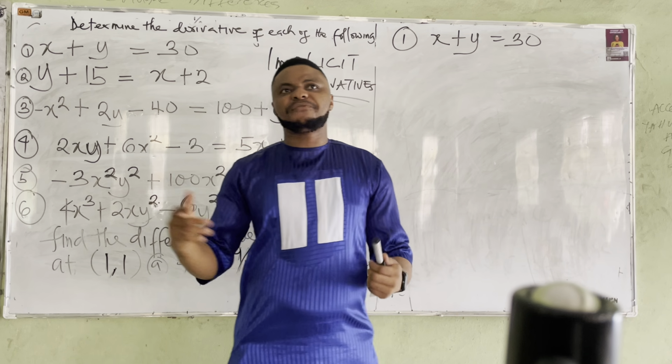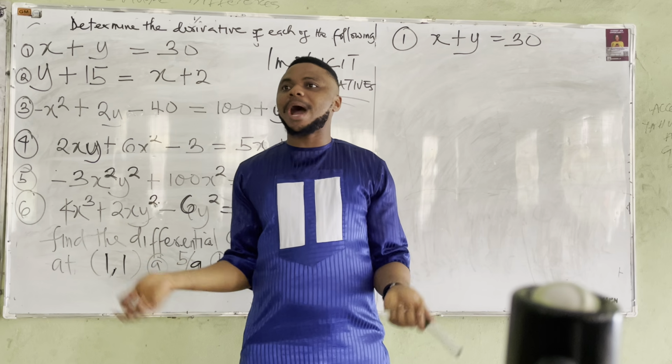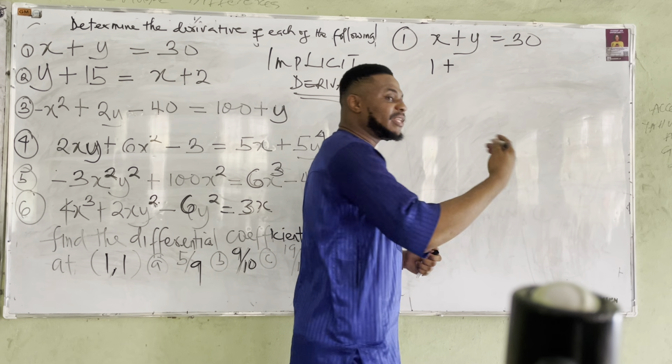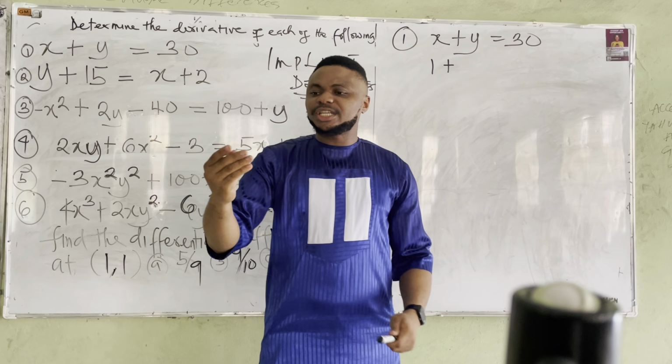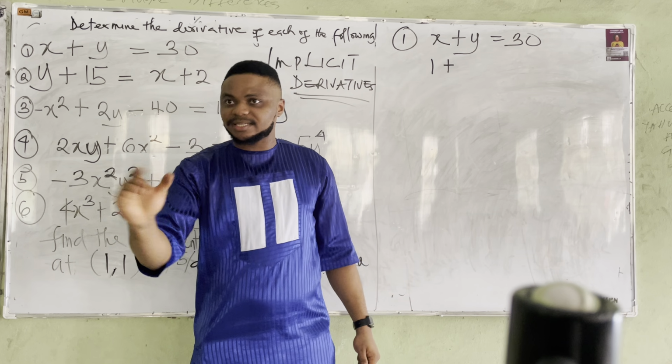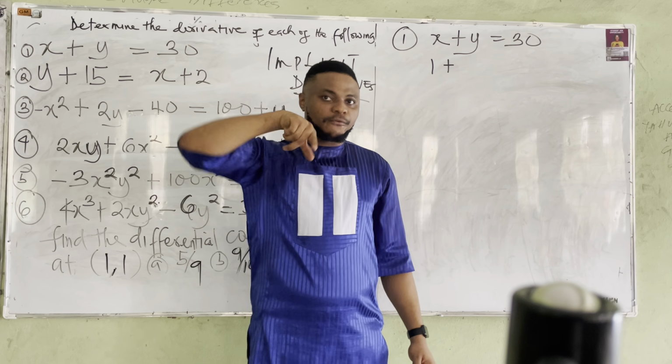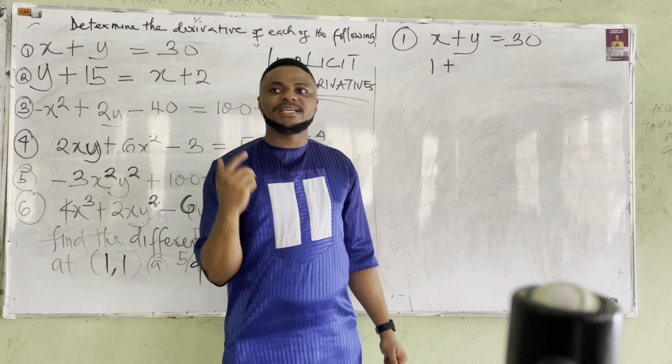If we have just x like this, the derivative is 1, plus, whenever we are differentiating y, we differentiate it the same way we differentiate x. But after writing the derivative of y, we write dy over dx together with it.